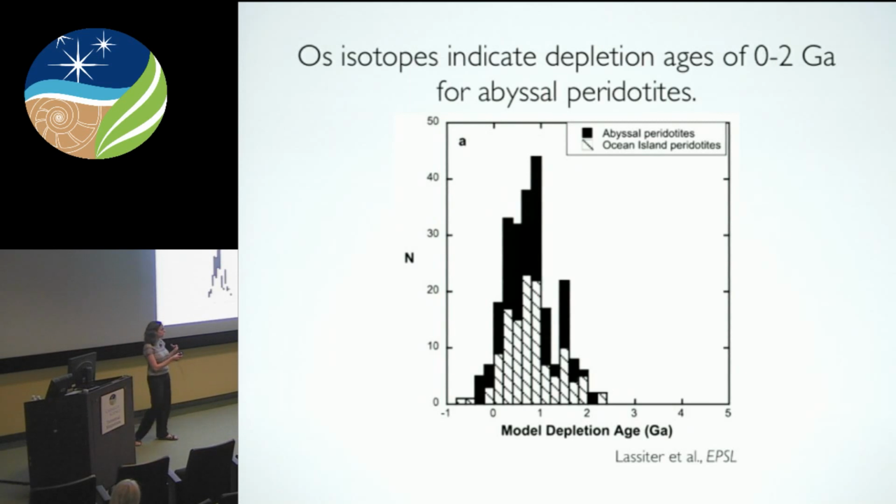What we're seeing at the ridge axis today are these prototypes. There's been some melting that has happened, and that melt has produced the oceanic crust. But there is also this refractory component that seems to be down there, these Harzburgites, these very depleted samples that are possibly not really contributing a lot to the melt today.